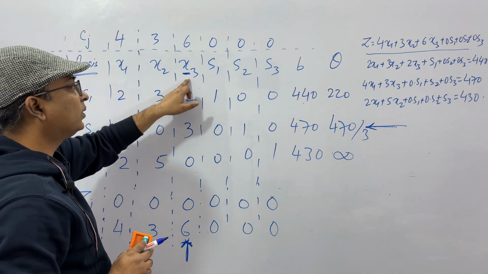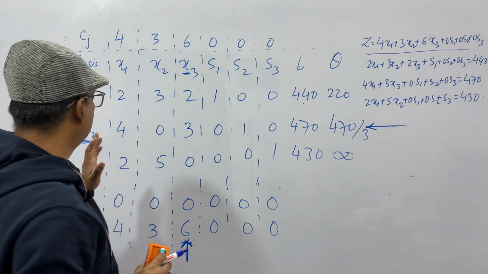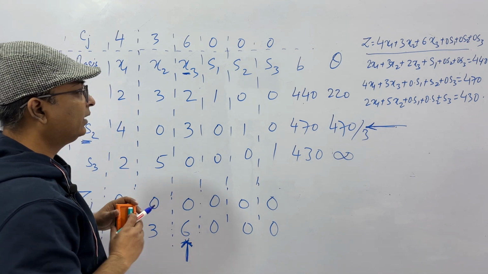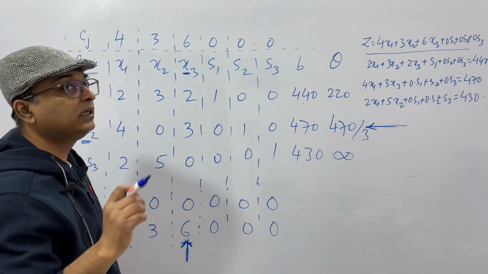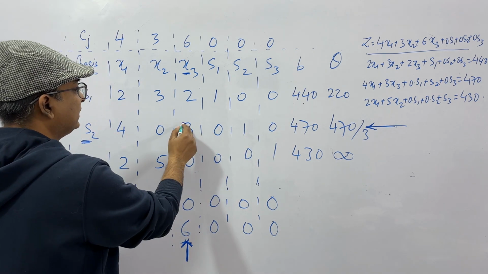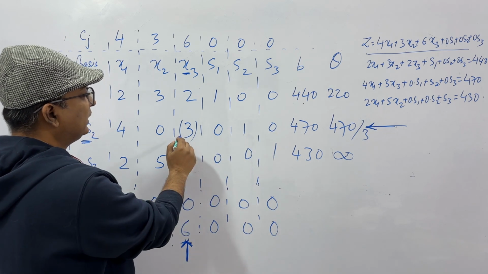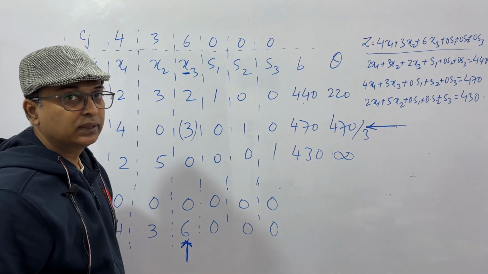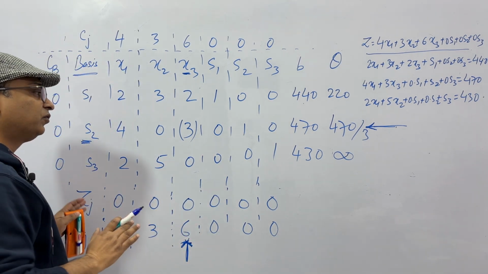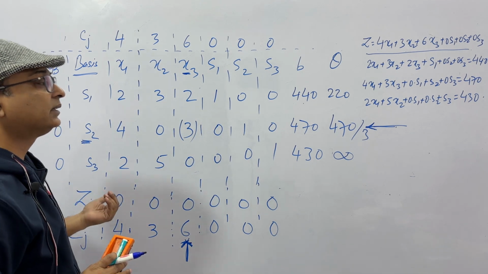So x3 is called the incoming variable, s2 is called the outgoing variable. Clear up to now? And one more thing, we have a term called key element. We know the key column, we know the key row. Where they intersect, this element is called the key element. Up to this step, step 4, this is what we have to do. Now we'll enter step 5.